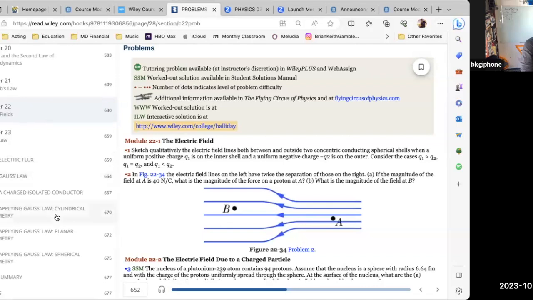Planar, spherical. So they ended with spherical. Yeah, we did all these. Charge, isolated conductor. Oh, you know what? I guess they do talk about it in that chapter. Somehow I thought they didn't. So this is the thing I needed to talk about while I wasn't doing the conductors.